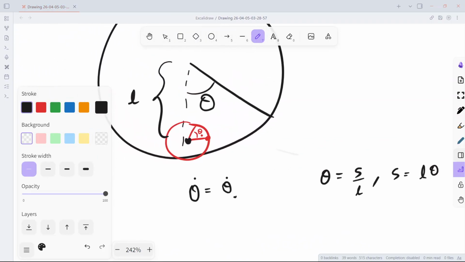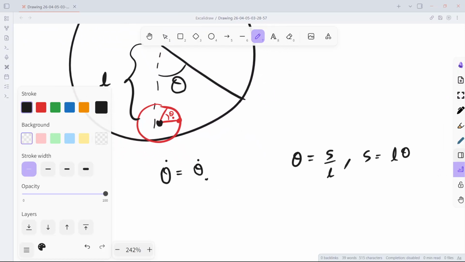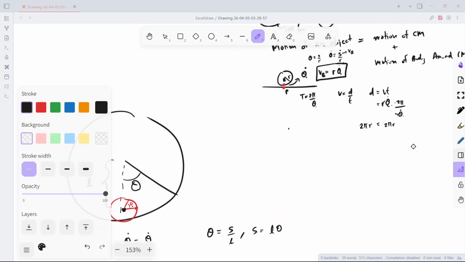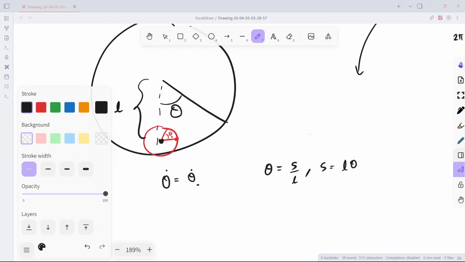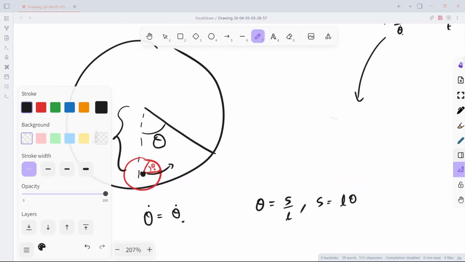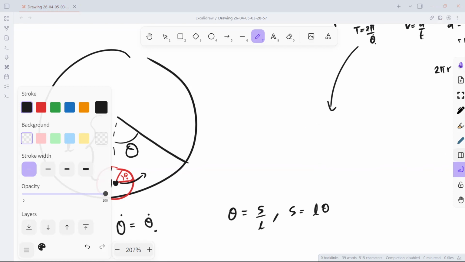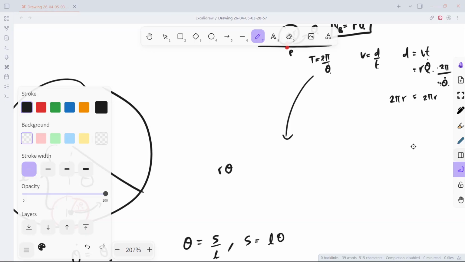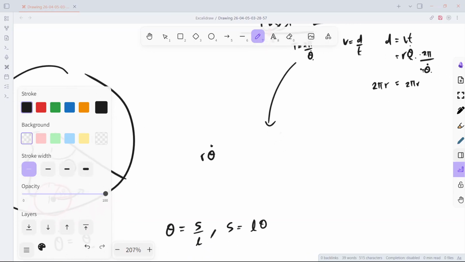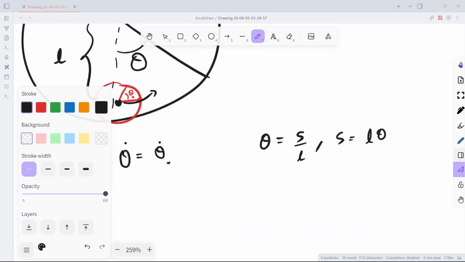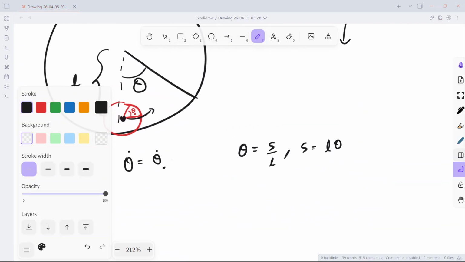At the same time, by this argument, keeping this in mind, once we get a result from the no slip condition, the distance that it traverses rather is r theta dot. Okay, what we can do is the following. How many circumferences go in this length?